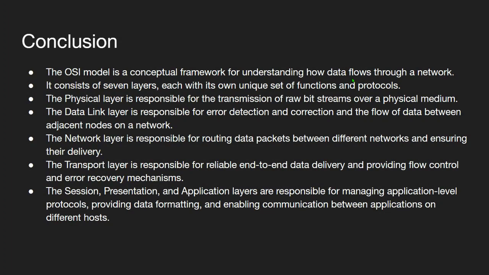The transport layer is responsible for reliable end-to-end data delivery, whereas the session, presentation, and application layers are responsible for managing application level protocols, providing data formatting, and enabling communication between applications on different hosts.